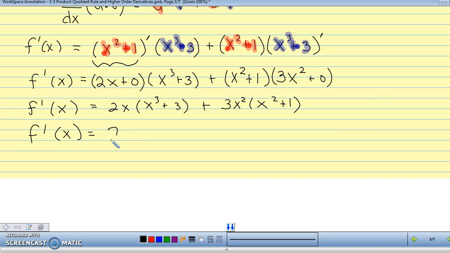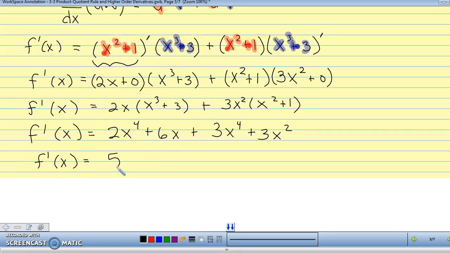Distribute. 2x to the 4 plus 6x plus 3x to the 4 plus 3x squared. And then combine like terms.